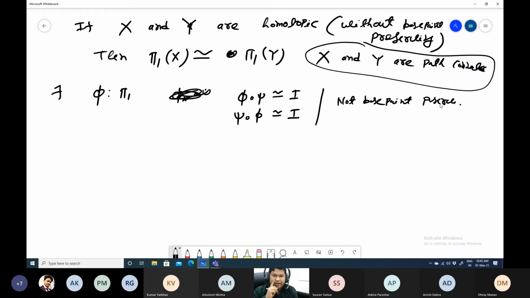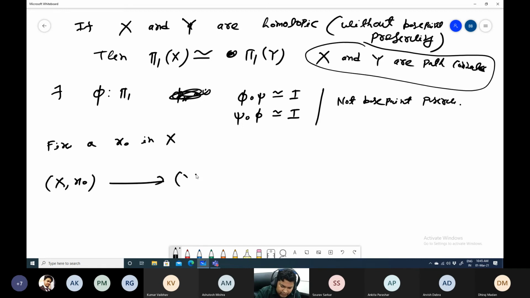Now what is this phi and psi? Now we draw this figure. First of all, fix an x0 in X. Therefore my (x, x0) will go to (y, phi of x0).